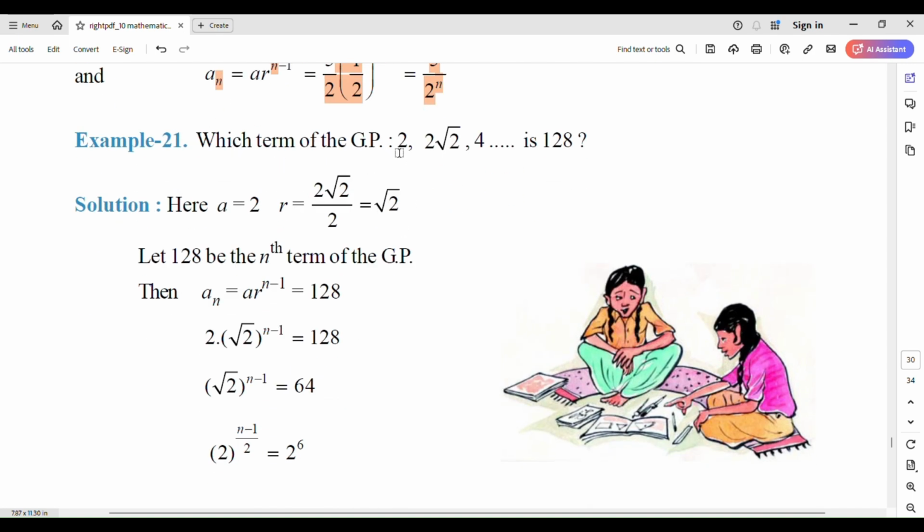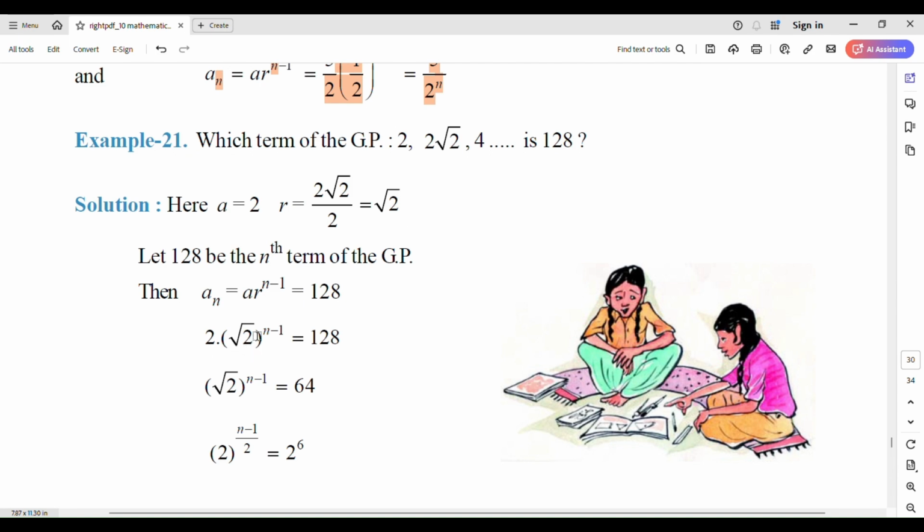Next, which term of the GP 2, 2 square root of 2, 4 is 128? So 128 is which term of this given geometric progression? This is another type of question you can see, where an is given. So an equal to a into r to the power of n minus 1, which is equal to 128, and we know a is 2 and r, the common ratio, is square root of 2.